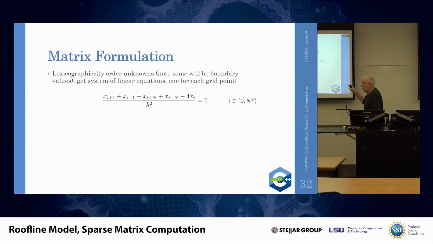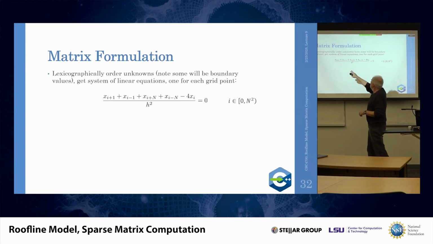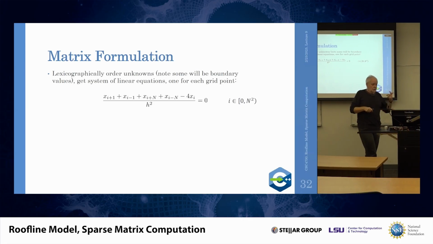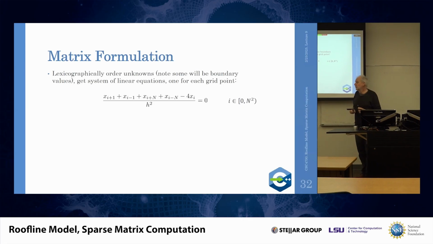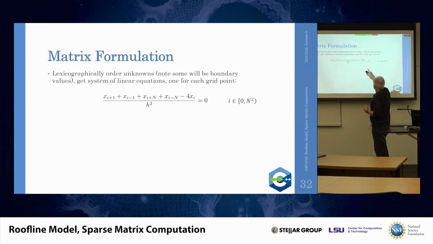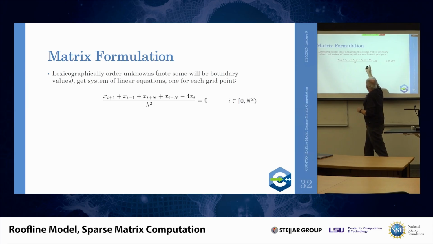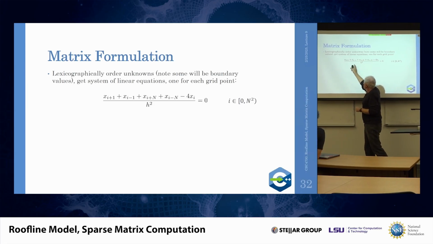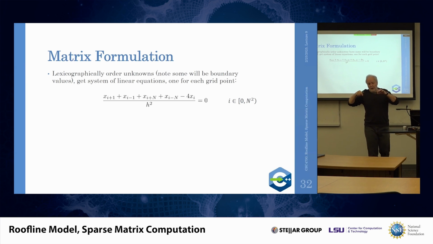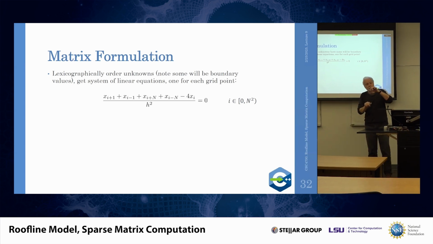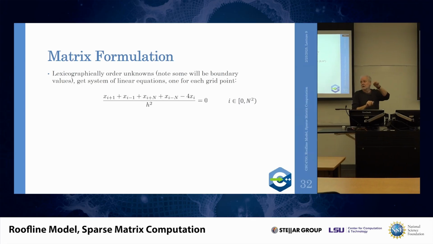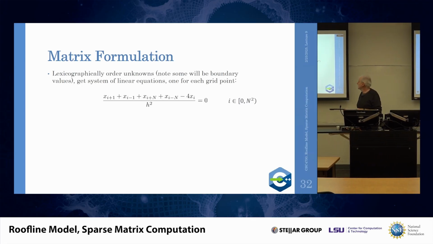So if you squint at what we had and assume that we linearize the points in our mesh, not by addressing the points in the mesh using two indices, but using a single index, then we see that the formula I had before can be rewritten as 4x_i, or x_i is the average of x_{i+1}, the points next to it, and x_{i+n}, which is the corresponding point on the next line of the matrix, and x_{i-n} is the point on the previous line of that matrix.